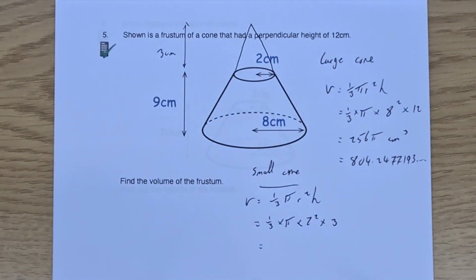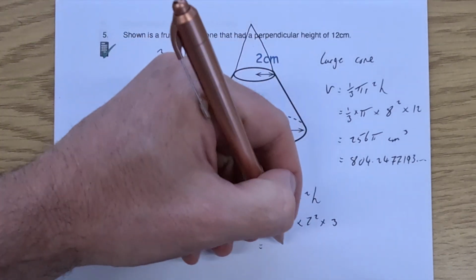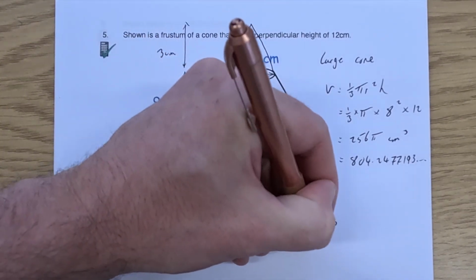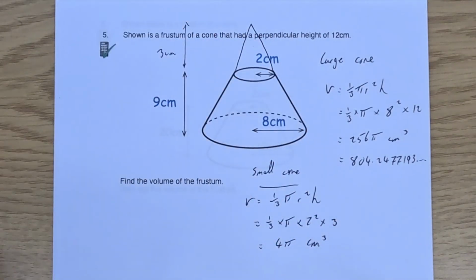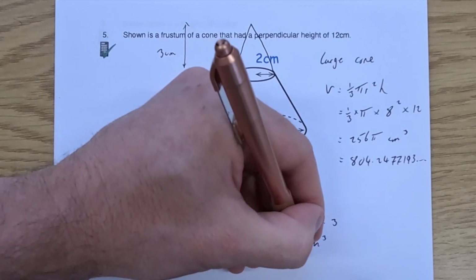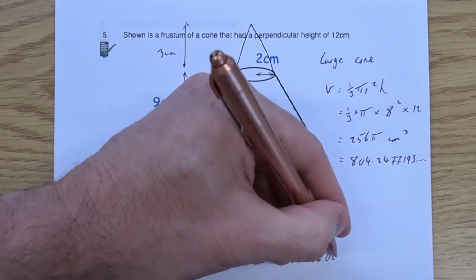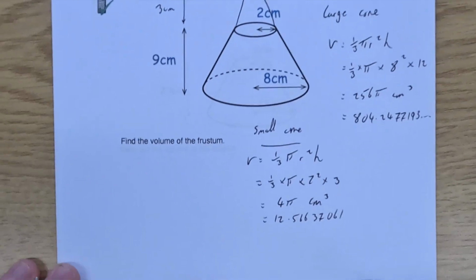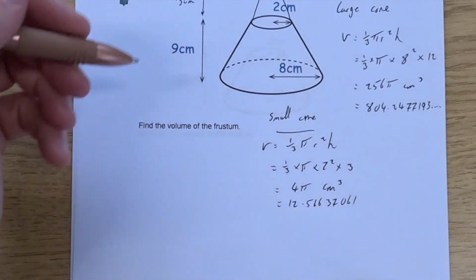So it's a third multiplied by pi multiplied by 2 squared times 3, and that's equal to 4 pi centimeters cubed. So that's the volume of the small cone, or you can write it as a decimal number as 12.56637061.